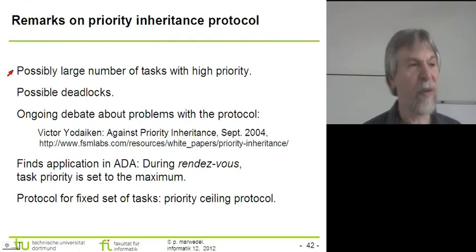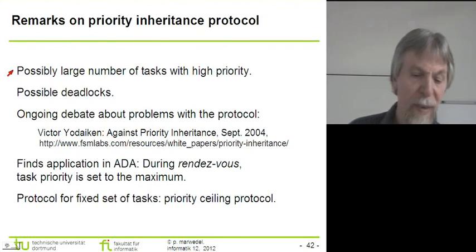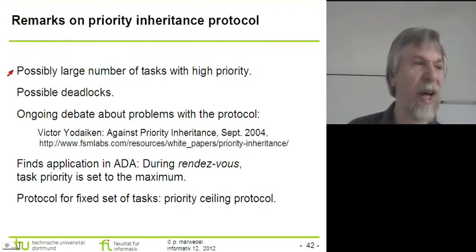There are some remarks on the priority inheritance protocol. It could well happen that as a result of using priority inheritance, many tasks are running with a very high priority.